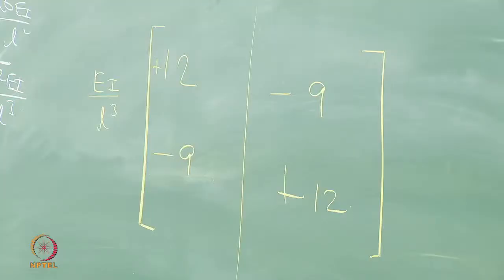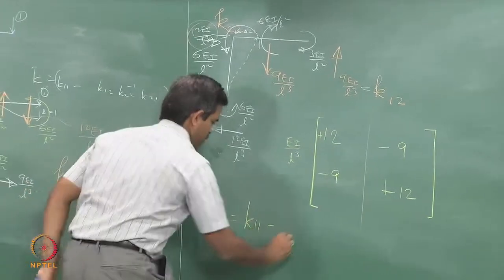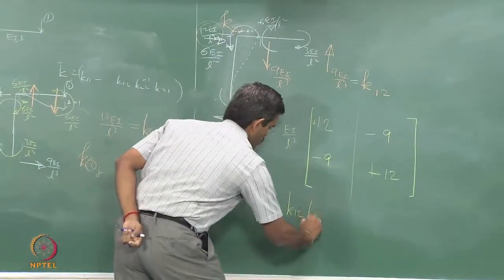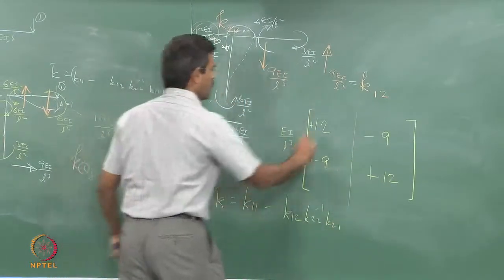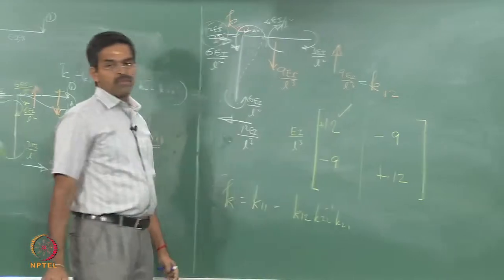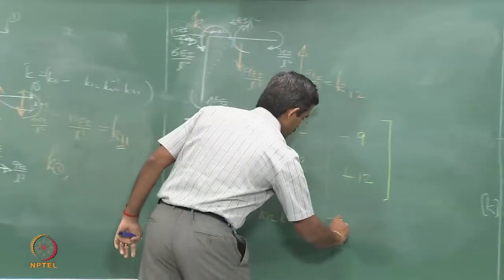Okay. So, I have to substitute K bar is K11 minus K12, K22 inverse, K21. I have all the values, K11, K12, K22 inverse, K21. I can easily find K bar. Can you give me what is the value of K bar?